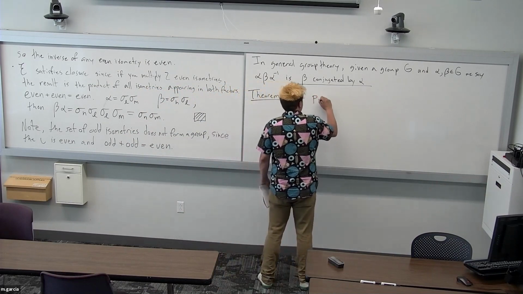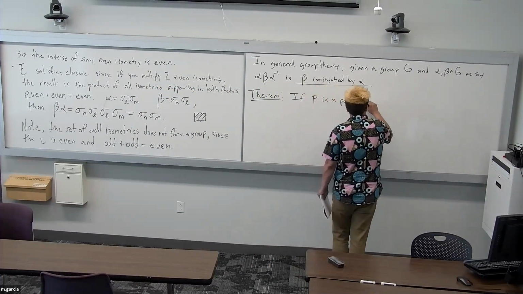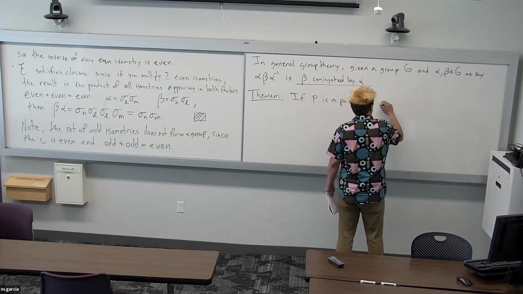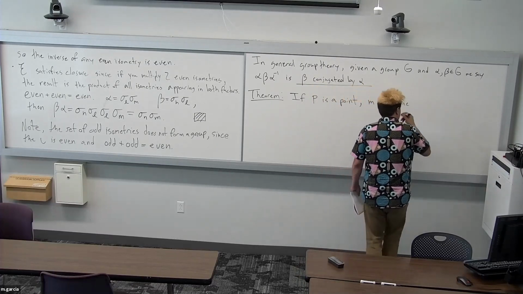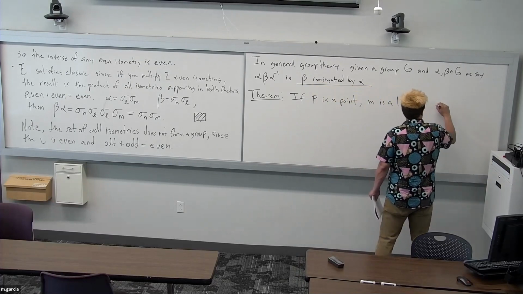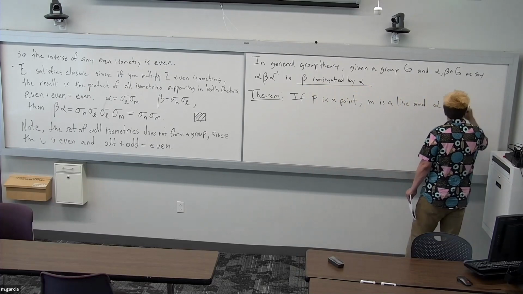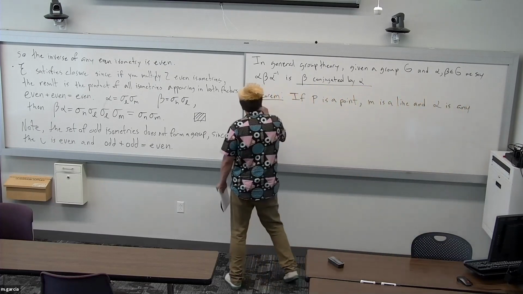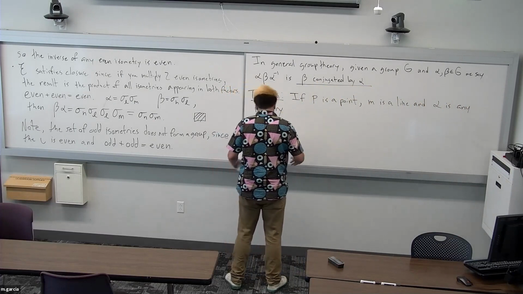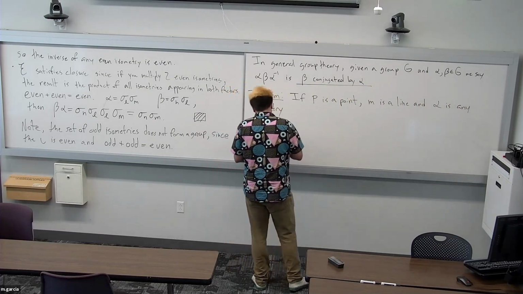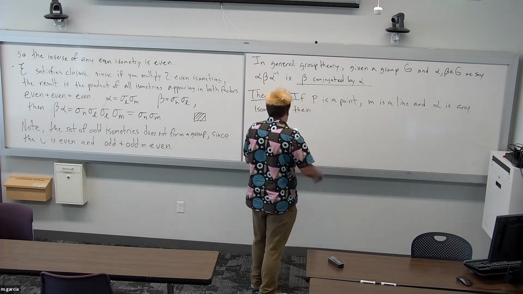If P is a point, little m is a line, and alpha is any isometry, then we have a couple of algebraic identities.